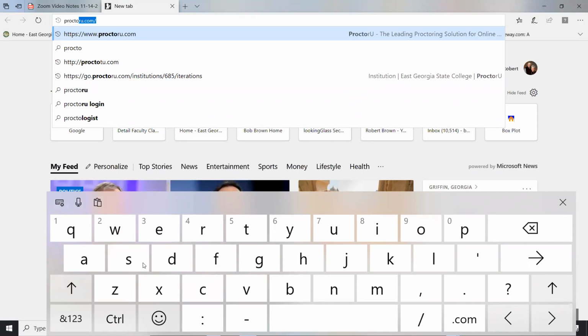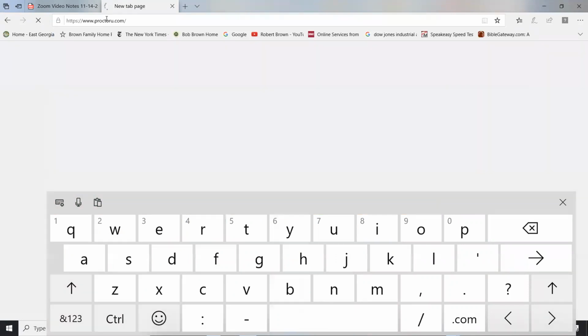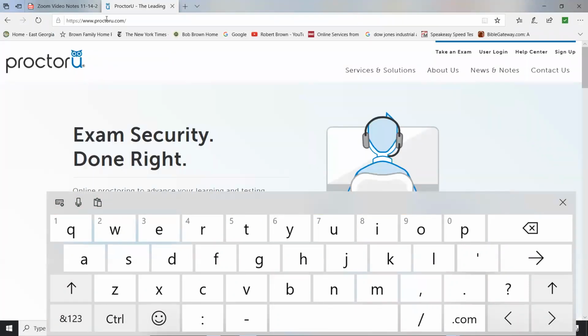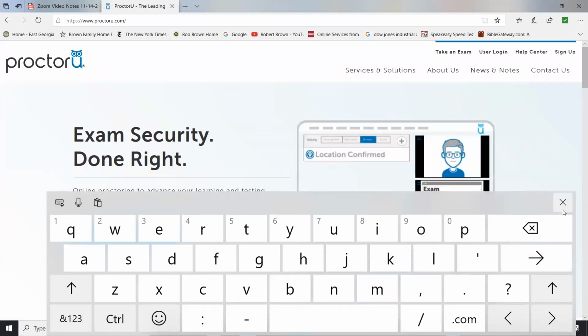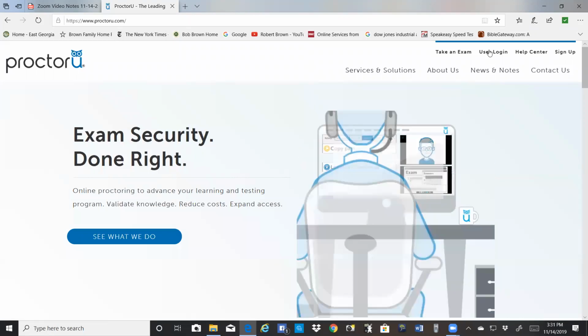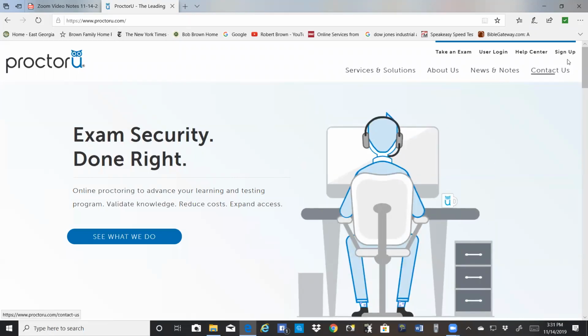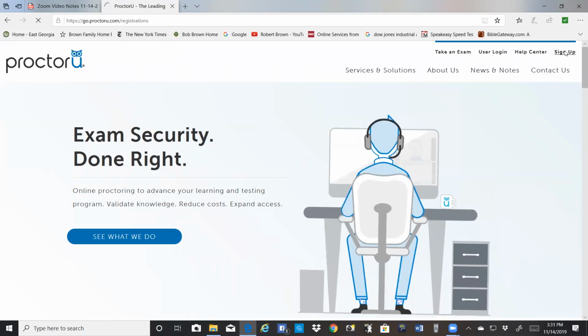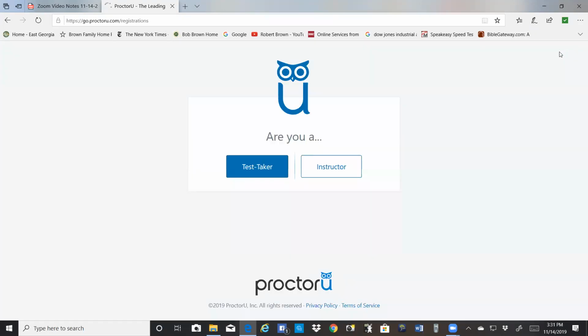Yeah, it looks like here is ProctorU. When you get to ProctorU, after you already have a login, you'll log in here. But to sign up, you'll go here, tell them that you are a test taker.